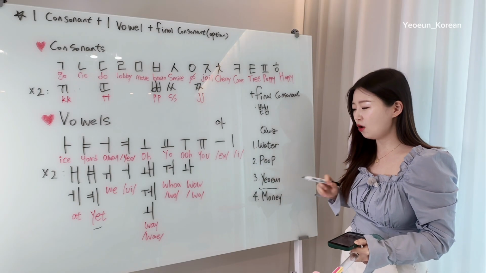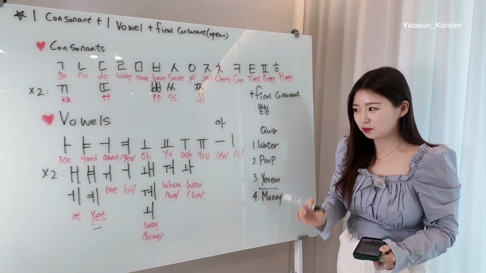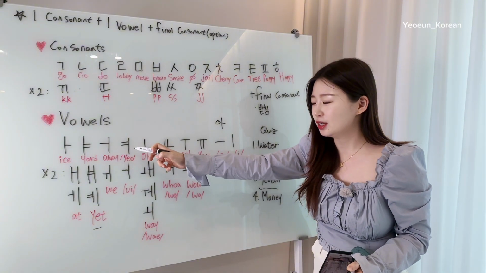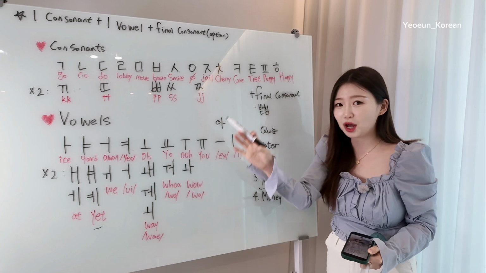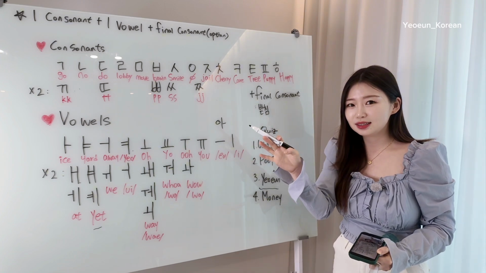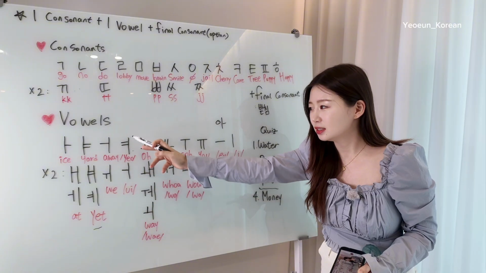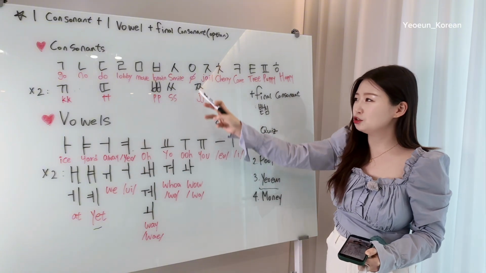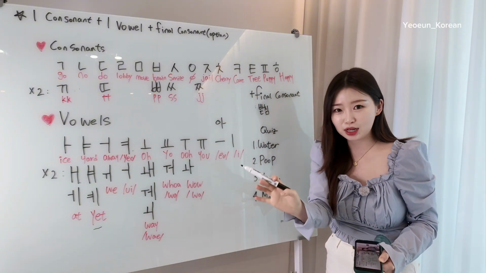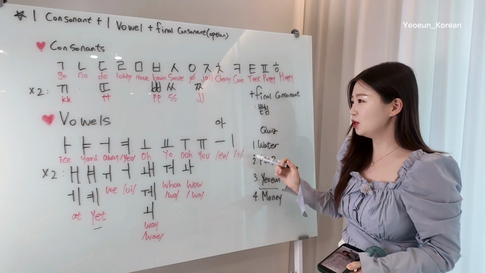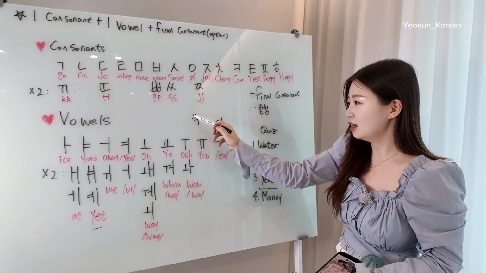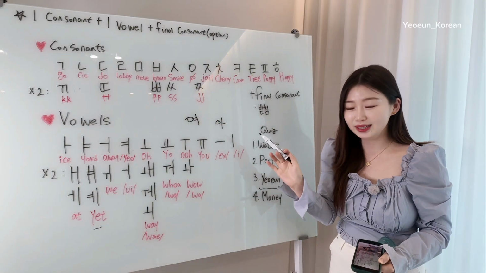If you want to write my name, 여은, how can you write that? For this one, 여은, the first thing we should do is find the 여 sound from the vowel. And we want to write a word with the sound 여. We need to choose the consonant which doesn't have any sound, right? So it will be 여, right?